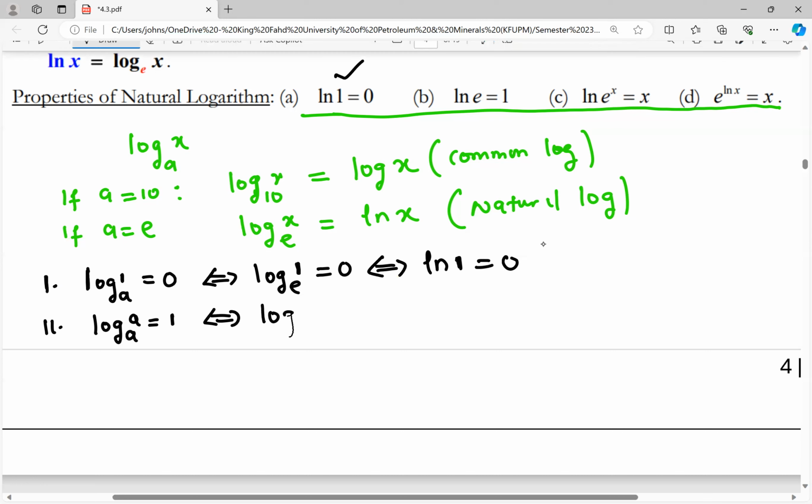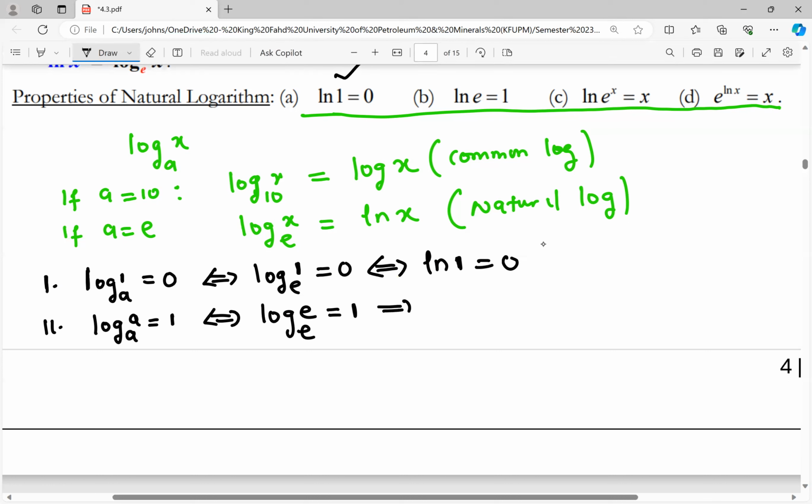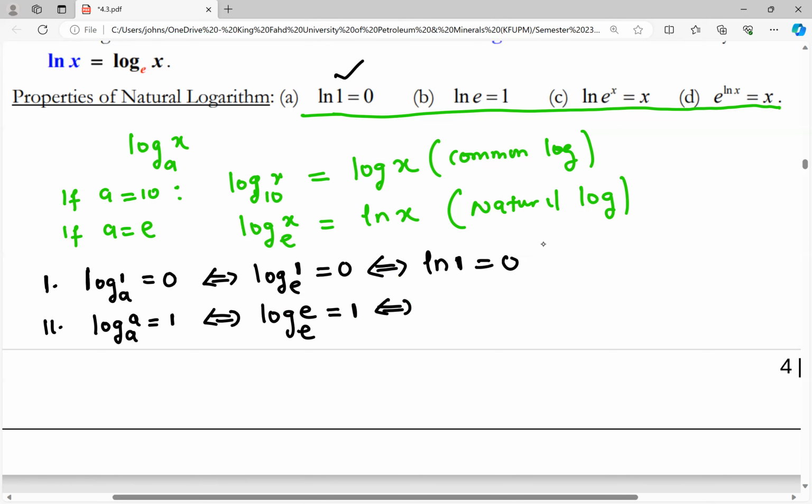If I replace a by e, you have log to base e of e equals 1, and log to base e becomes ln. So ln of e is equal to 1.